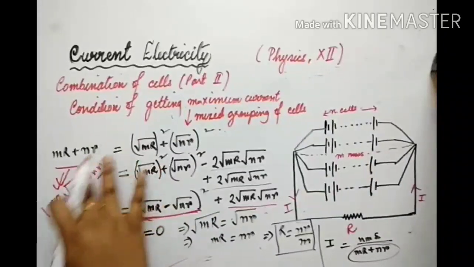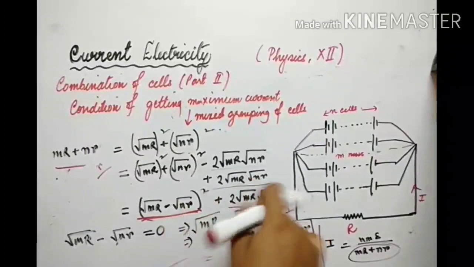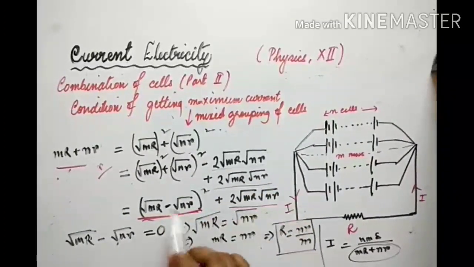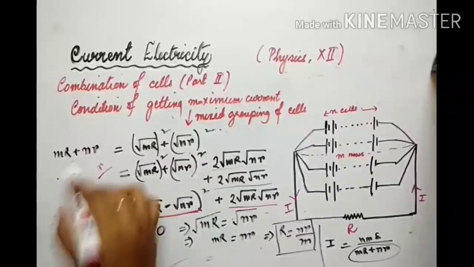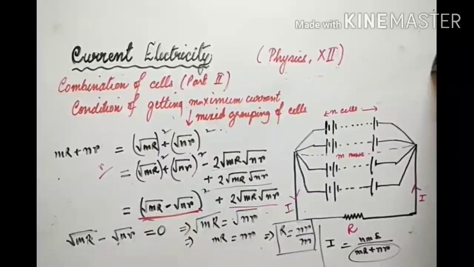So in all the cases, the minimum value it can have is 0 plus something plus this thing. So in order to make this minimum, this can be 0, and when we resolve it, we get R equals nr by m. So this is the condition.